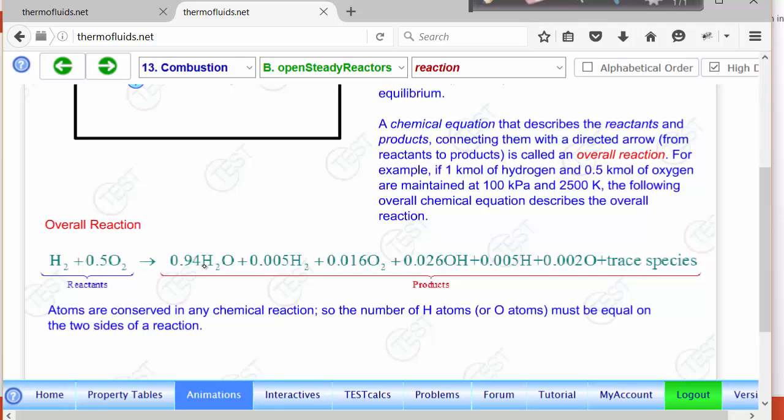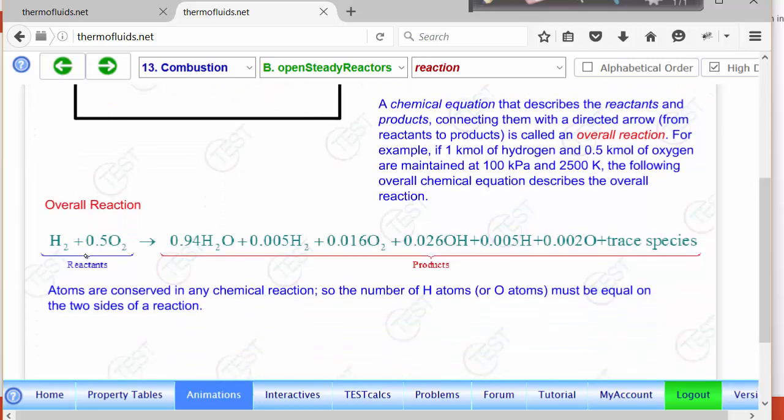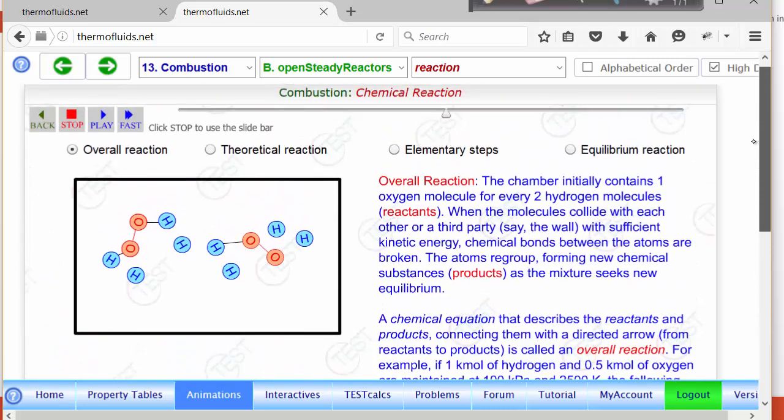But once everything is measured or theoretically predicted, atoms must be balanced. And once atoms are balanced, this is called overall reaction. That doesn't mean every time hydrogen and oxygen react, this is what is produced. In this particular reaction, this is what has been produced under certain conditions. And whenever we relate the reactants with products with a single arrow, it is called overall reaction.